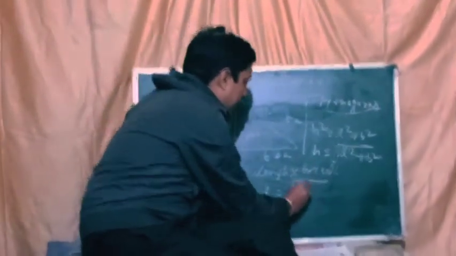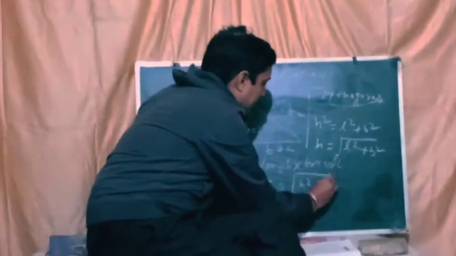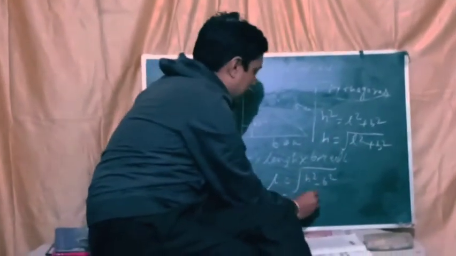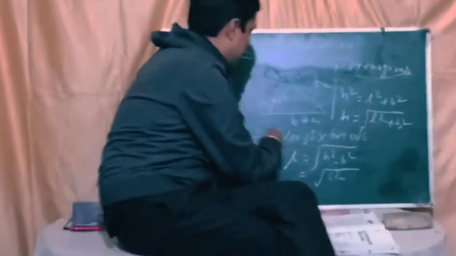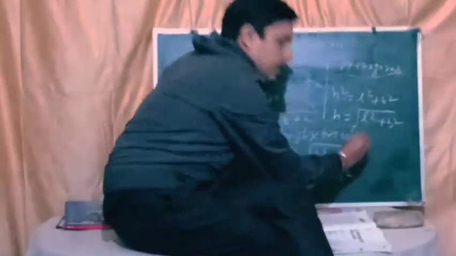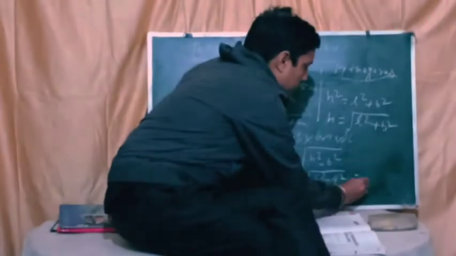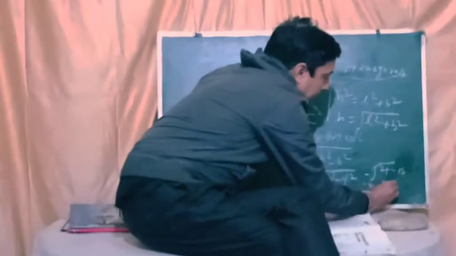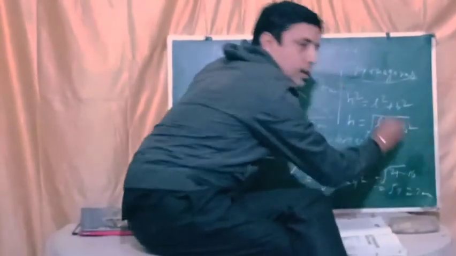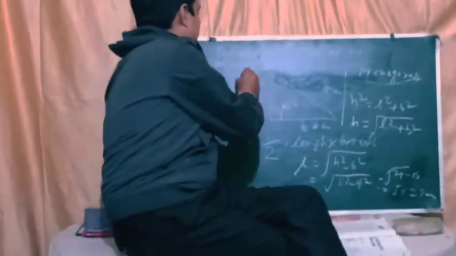L is equal to under root h square minus b square. So it would be under root 5 square minus 4 square. Like 25 minus 16, which is under root 9, equal to 3 centimeter. Fine. So this is 3 centimeter.